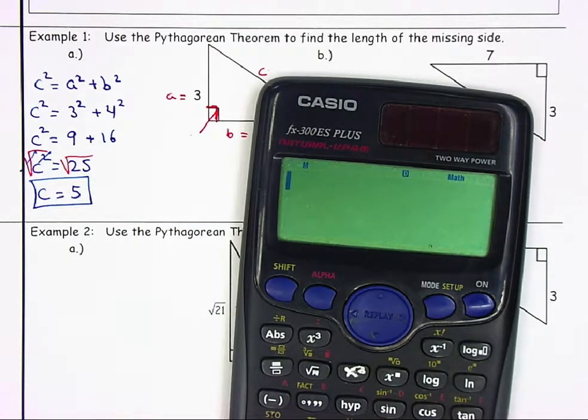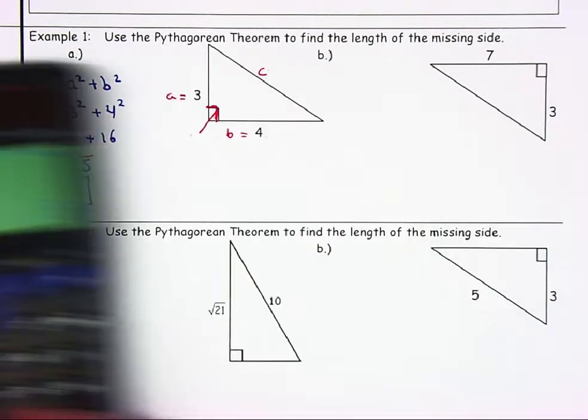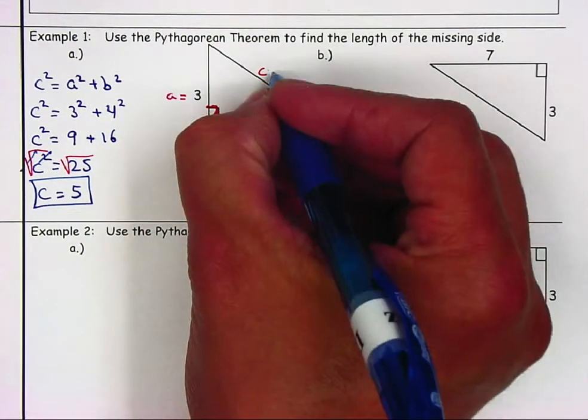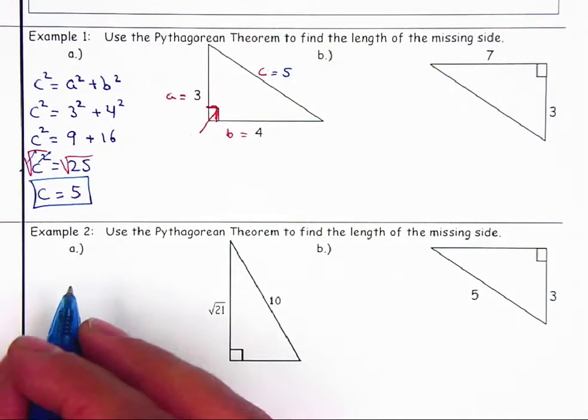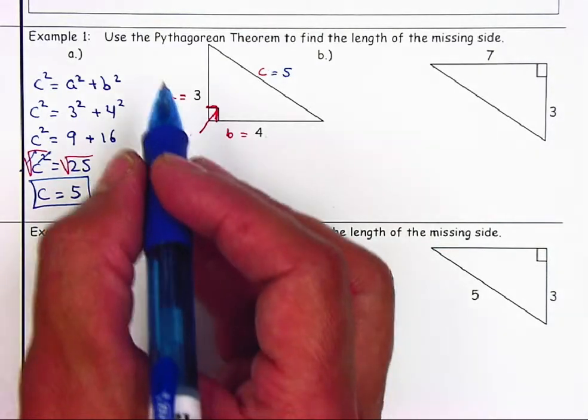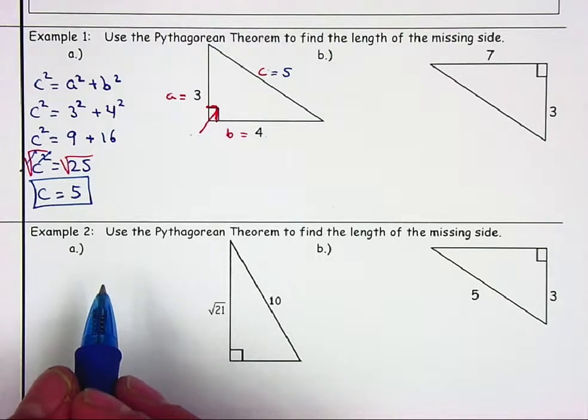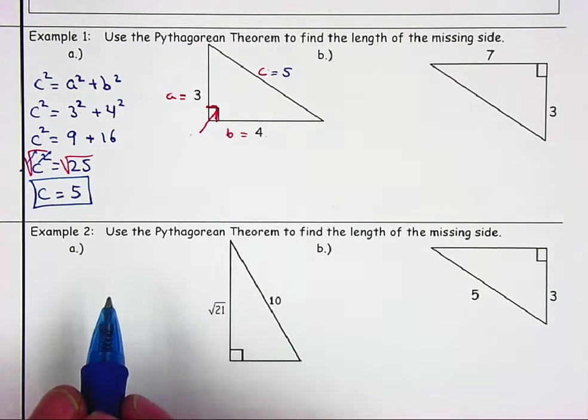And that'll go back to normal. So mode and then the number 1. And you can type in square root of 25, which is 5. So therefore, this is 5. And some of you do remember that you have some special triangles, such as 3, 4, and 5. And you'll see a bit more of that in geometry, or also in concepts of geometry for those of you that are choosing that class.